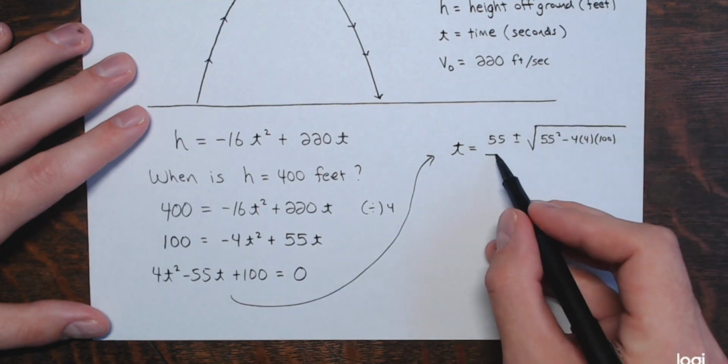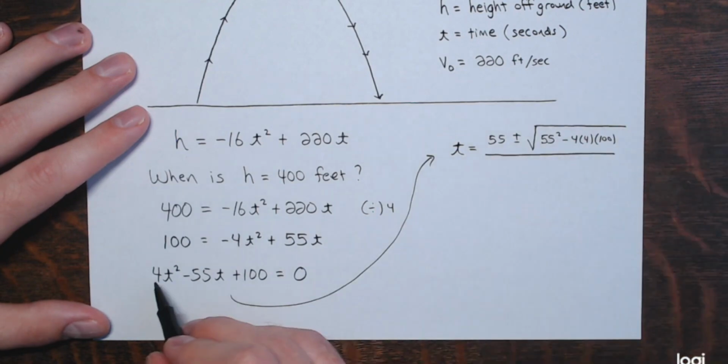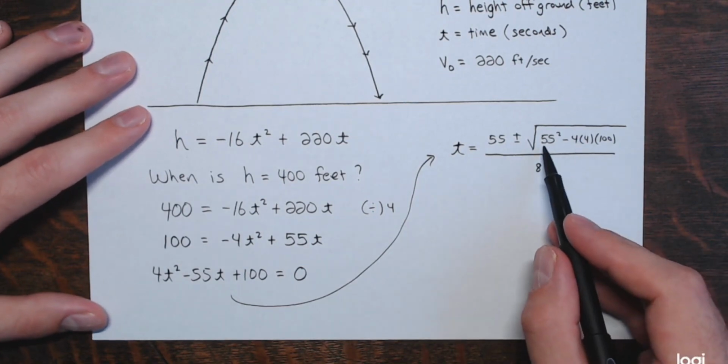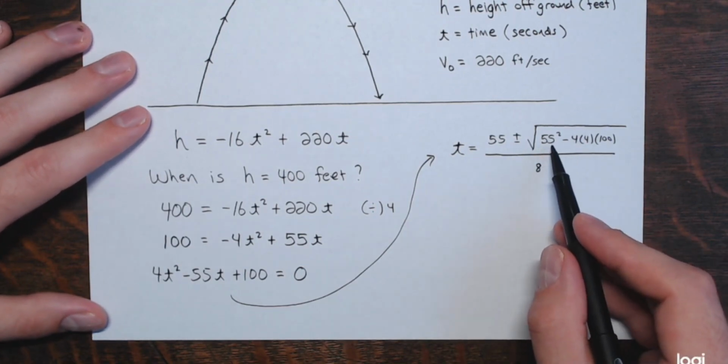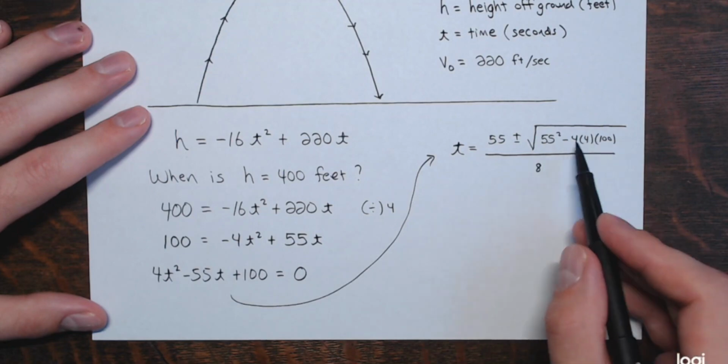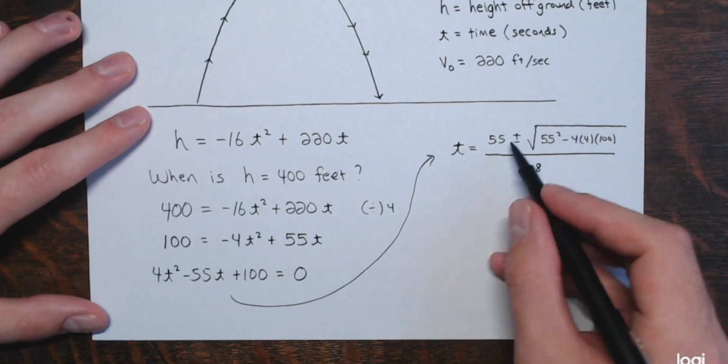Then all this divided by 2 times a, 2 times 4 is 8. Now this is 3025 minus 1600, which is 1425.